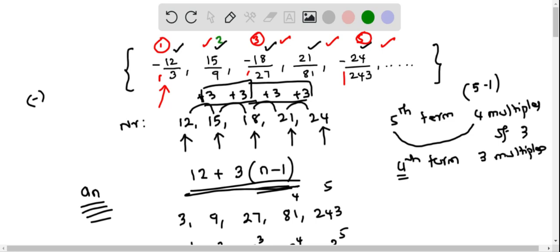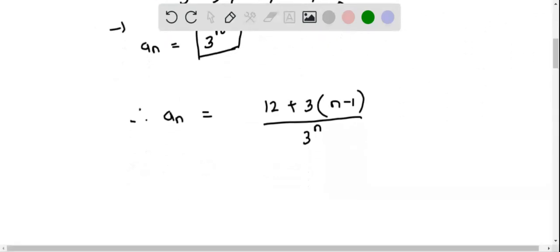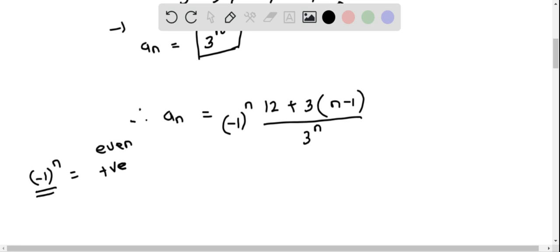this is the second term, and this is the fourth term, these even terms are positive. So therefore we have to take care of that, and for that we can introduce minus 1 raised to the power of n, because if you raise minus 1 to the power of n, whenever n is even, this quantity is going to be a positive number.